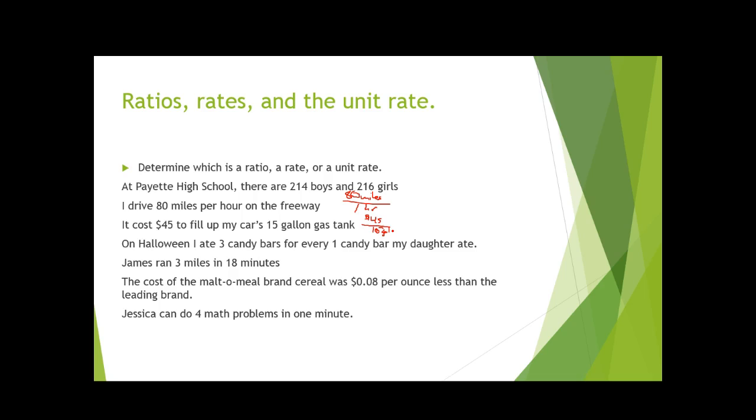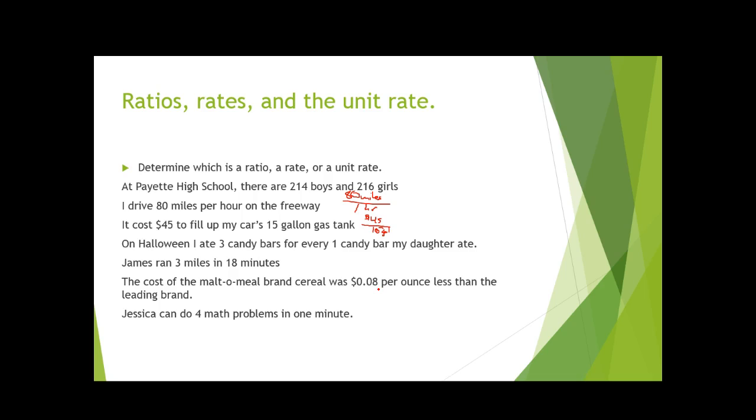On Halloween, I ate 3 candy bars for every 1 candy bar my daughter ate. So the 3 to 1, those are similar things. That's a ratio, comparing the number that I ate versus the number that my daughter ate. James ran 3 miles in 18 minutes. That is a rate because you're comparing miles to minutes. Those are different units, so it's just a rate. The cost of Malt-O-Meal brand cereal was 8 cents per ounce less.